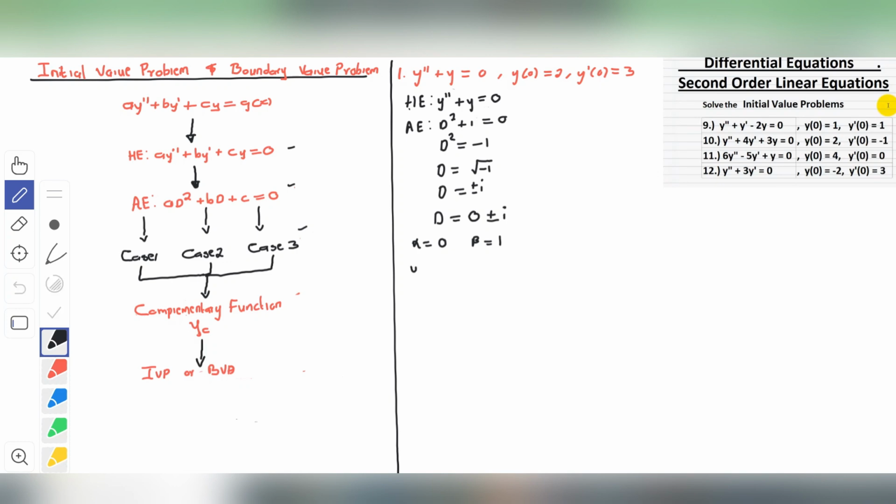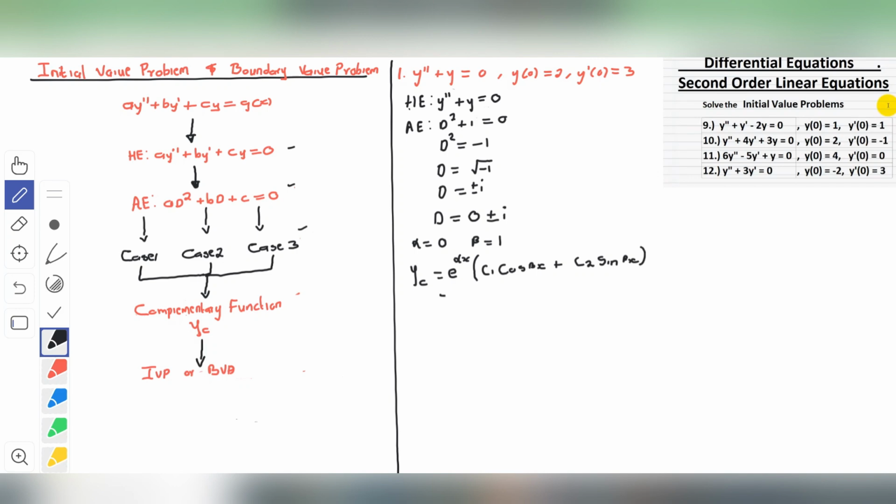Yes, it's case 3, whereby the complementary function is going to be e to the power of alpha x multiplied by c1 cosine of beta x plus c2 sine of beta x, right?